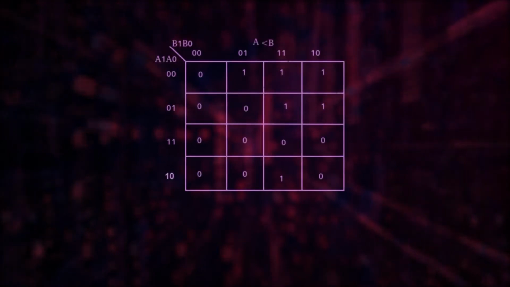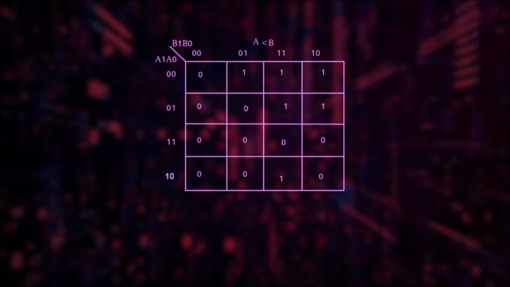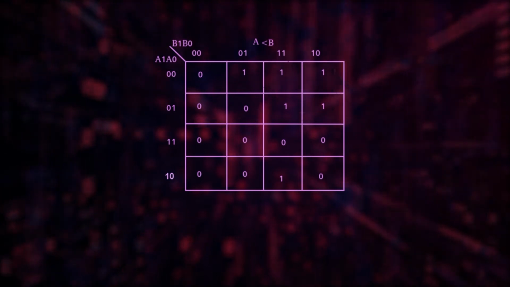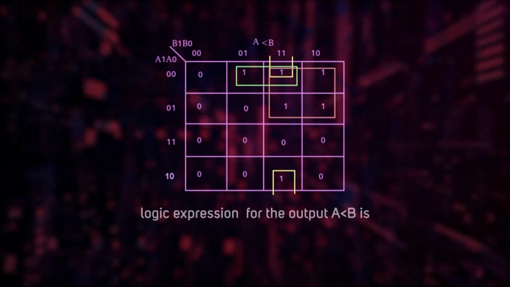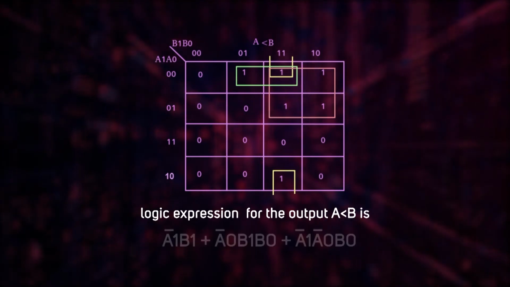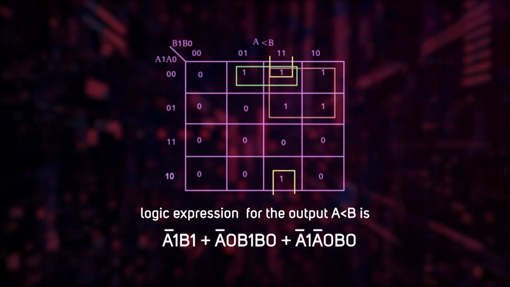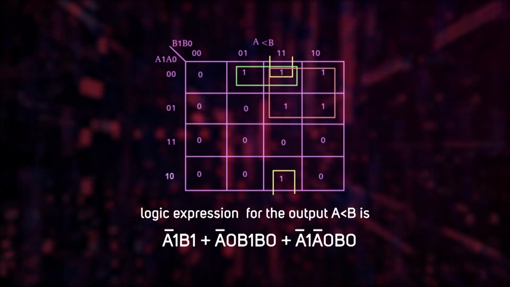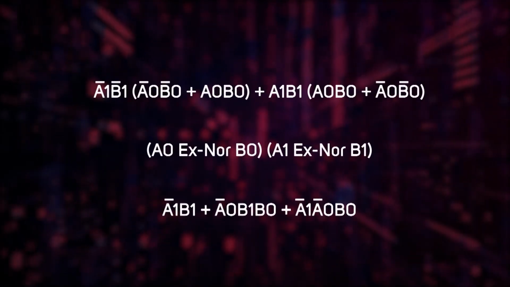The next is to derive the expression for the inequality A less than B using K-map. After plotting values in the K-map and grouping ones, the logic expression obtained for the output A less than B is A1 complement B1 plus A0 complement B1 B0 plus A1 complement A0 complement B0. Let me bring out all expressions together.